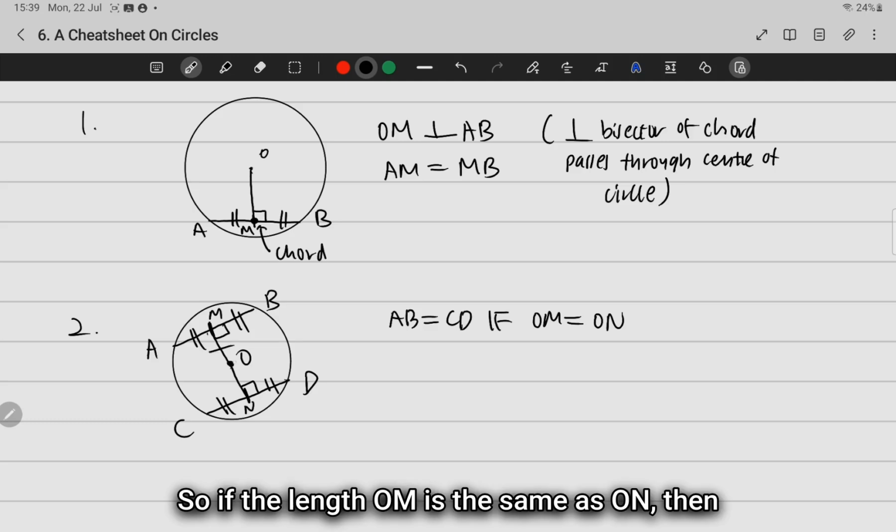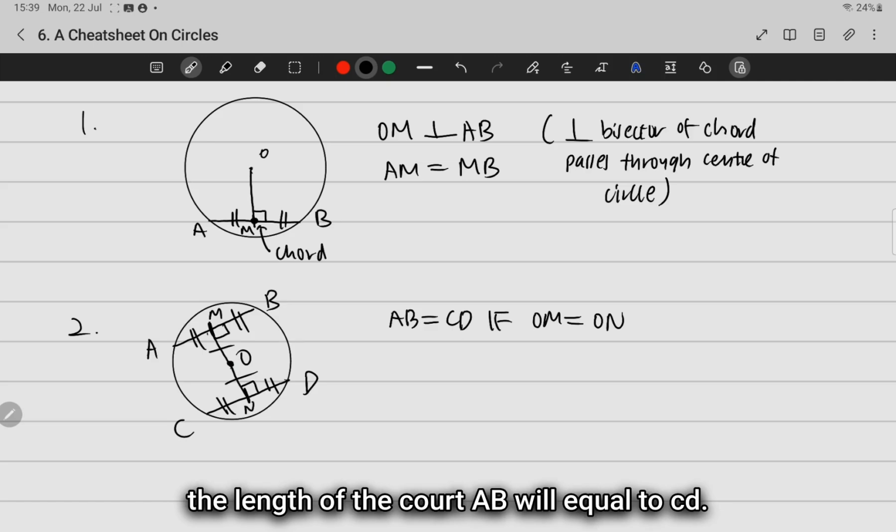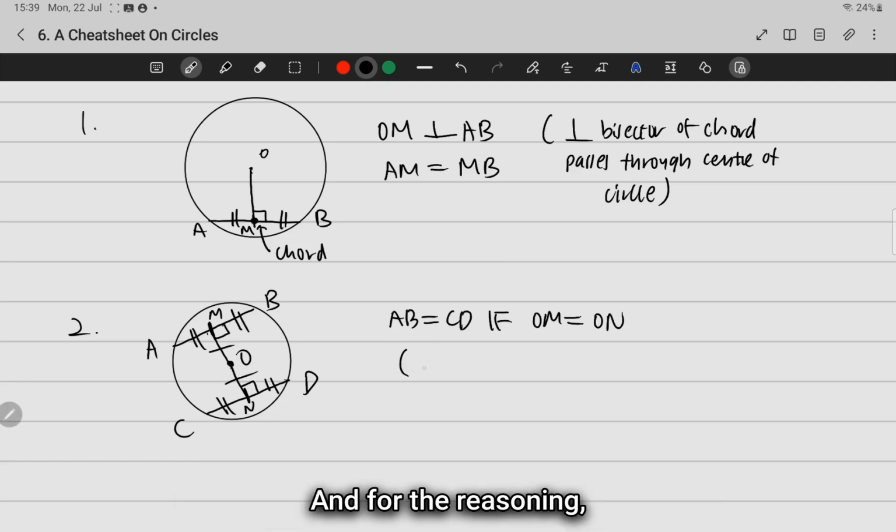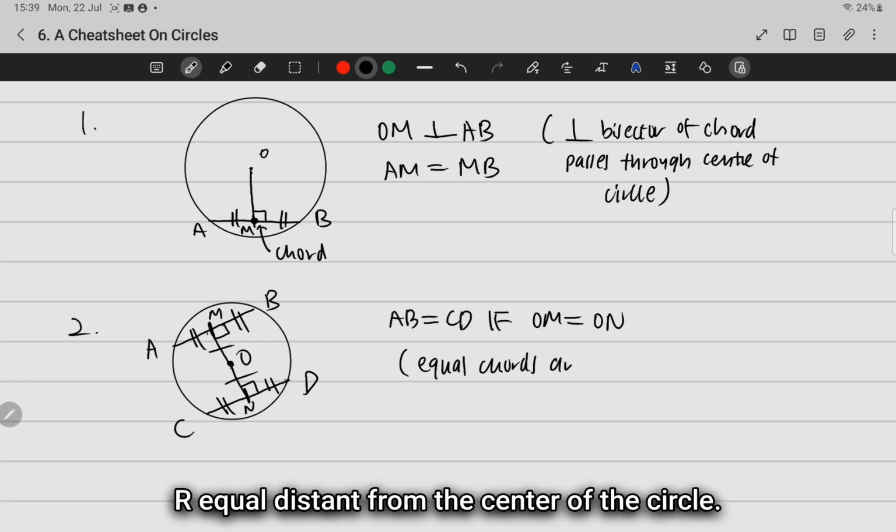So if the length OM is the same as ON, then the length of the chord AB will equal CD. And for the reasoning, we call this equal chords are equidistant from the center of the circle.